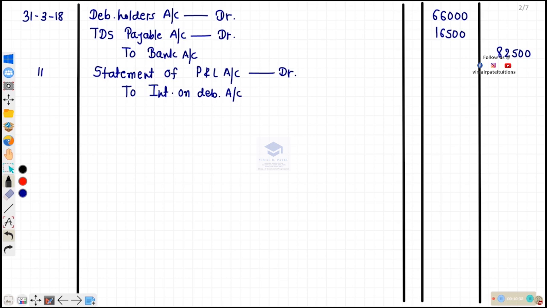That is 82,500 two times. Or you can say 11% of 15 lakh.